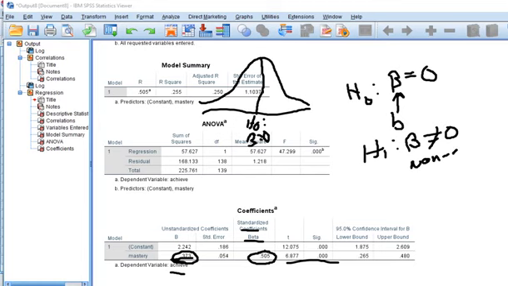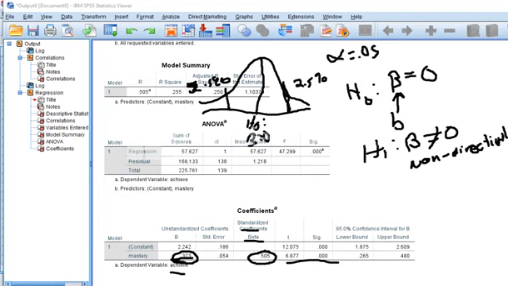When we are testing a non-directional hypothesis using the t-distribution, we are putting our alpha level, our type 1 probability, into both tails of this distribution. So we set alpha at 0.05. What that means is that we're laying out 2.5% of the sampling distribution of t in the upper tail and 2.5% in the lower tail of the sampling distribution.